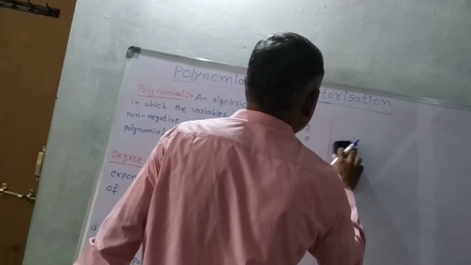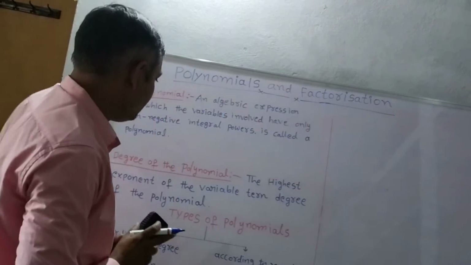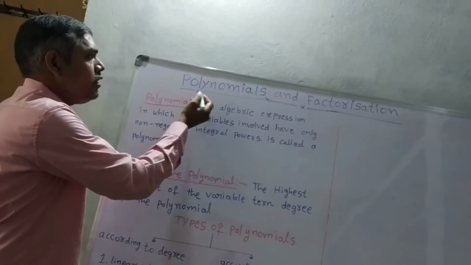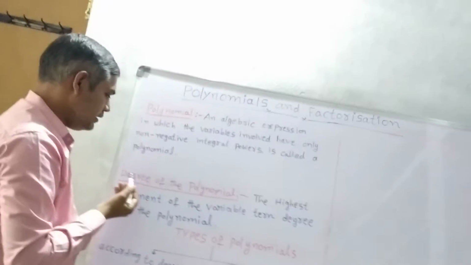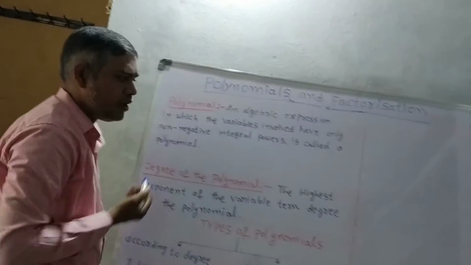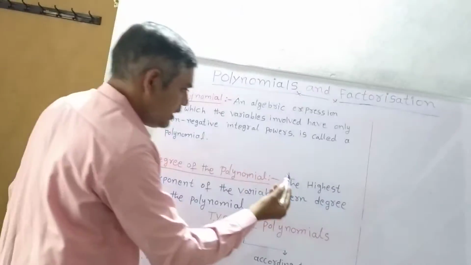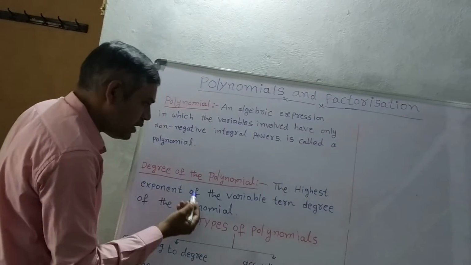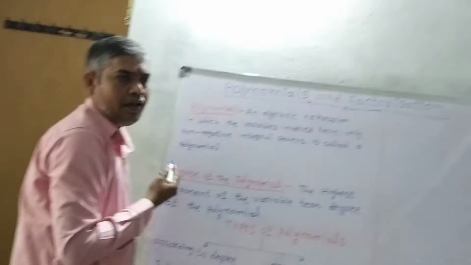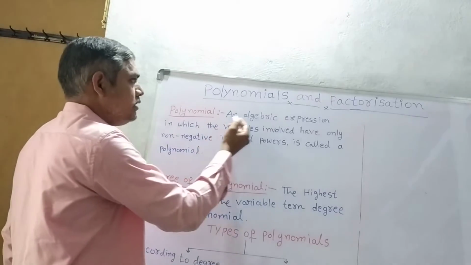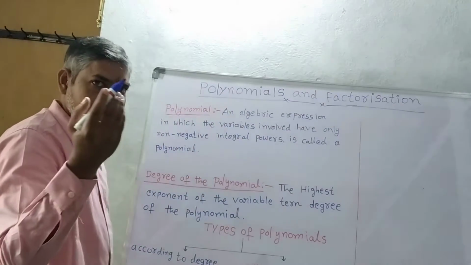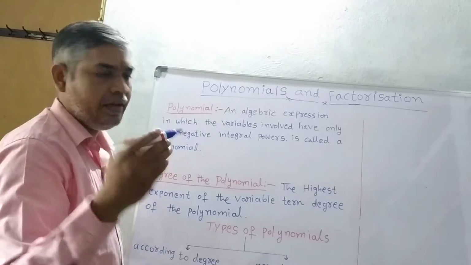The second basic concept of polynomials and factorization is the degree of the polynomial. The definition is the highest exponent of the variable. We have already studied that an algebraic expression has integers and variables.